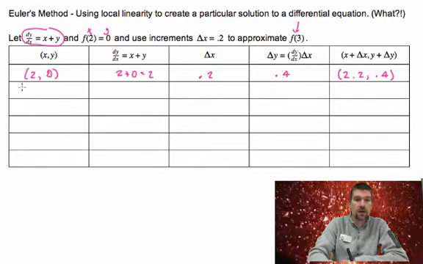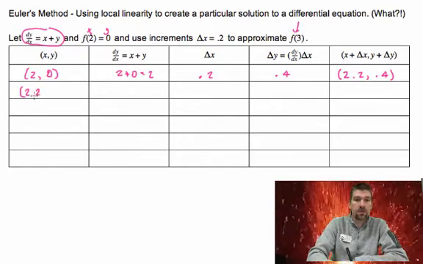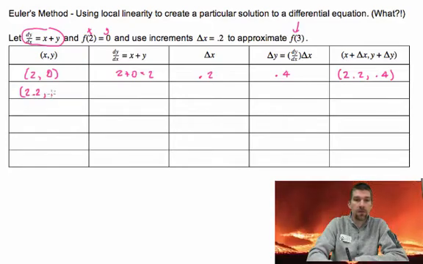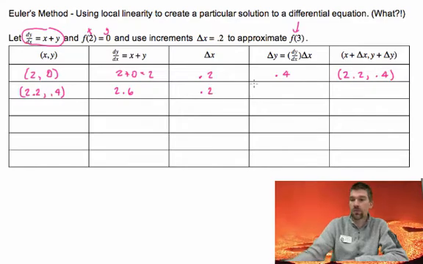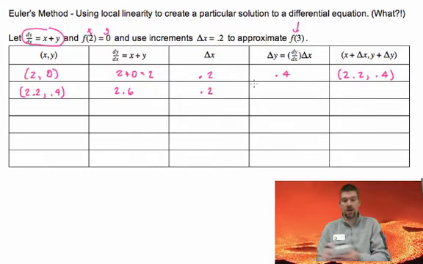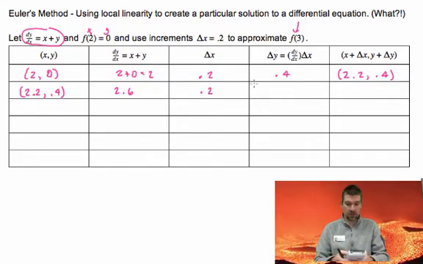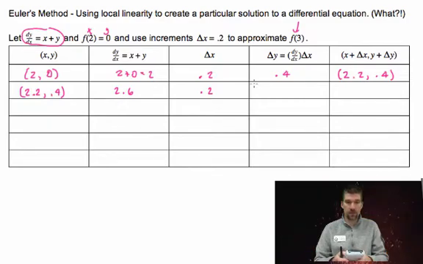So my new x and y are 2.2 and 0.4. I add them together, and that's 2.6. I multiply by delta x, which is 0.2. If you'll just humor me, I like to double check myself on this, because if you get off early on, you'll be off the rest of the time.